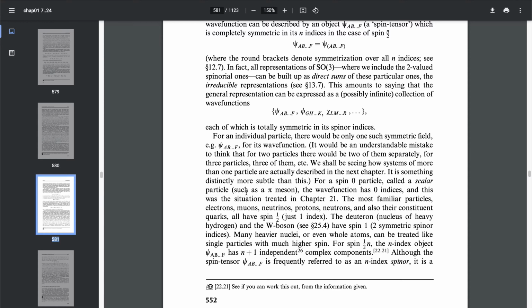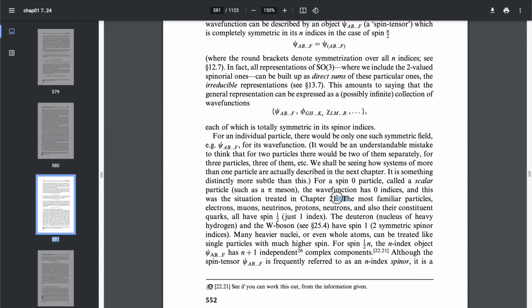It is something distinctly more subtle than this. For a spin 0 particle, called a scalar particle, such as the pi meson, this wave function has 0 indices, and this was the situation treated in chapter 21, when we just had some kind of function and that's it.